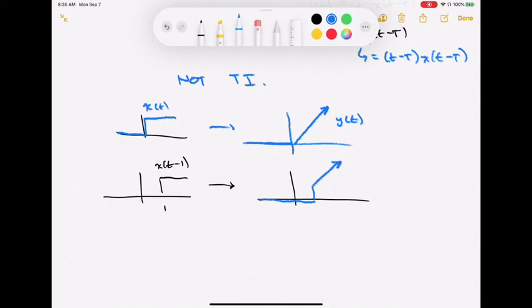If I called that first guy an x prime, this is my y prime of t, which is not equal to y of t minus 1. It's not a simple shift of that guy, not a time invariant case. Here I would have been proving this not time invariant, proving the property false by counterexample, finding a single example where it did not hold. That would also be totally appropriate in this case.